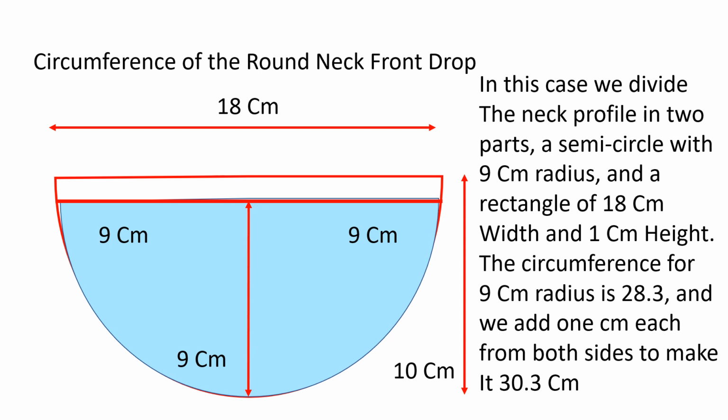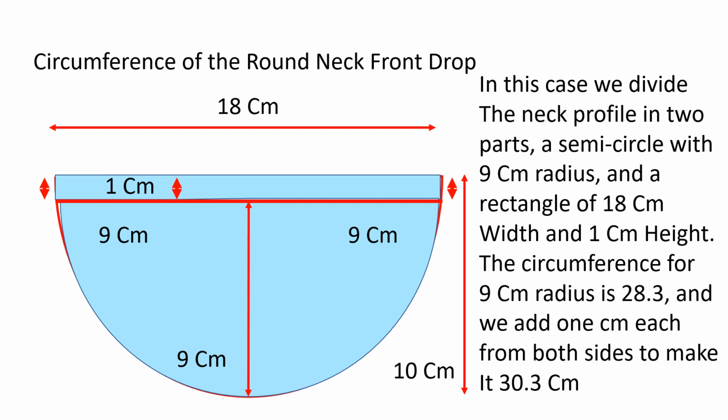A semicircle with 9 centimeters radius and a rectangle of 18 centimeters width and 1 centimeter height. The circumference for a semicircle with 9 centimeters radius is 28.3. And we add 1 centimeter each from both sides to make it 30.3 centimeters. The front neck profile will therefore be 30.3 centimeters.